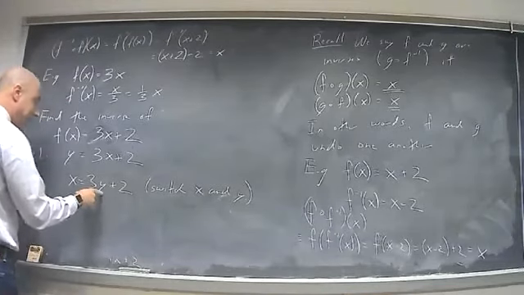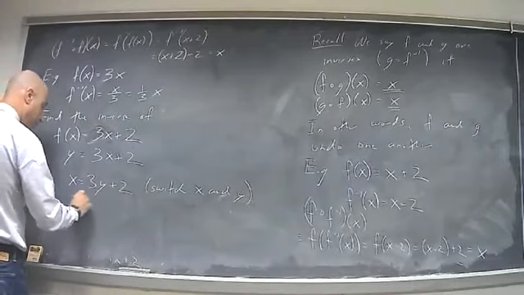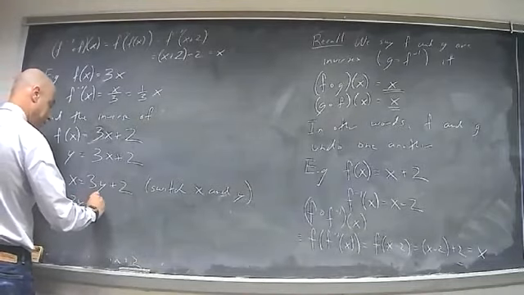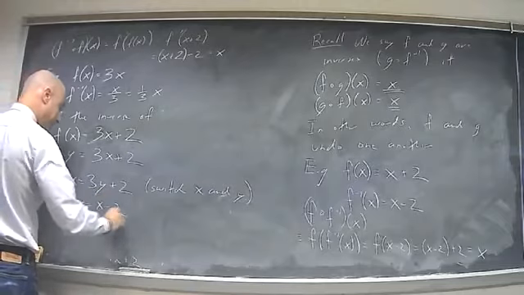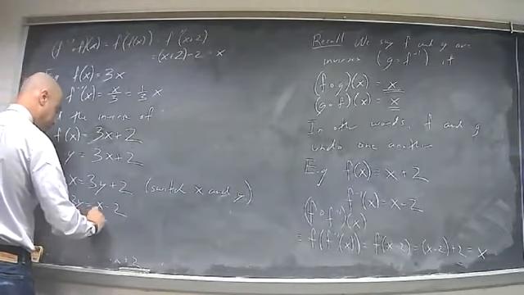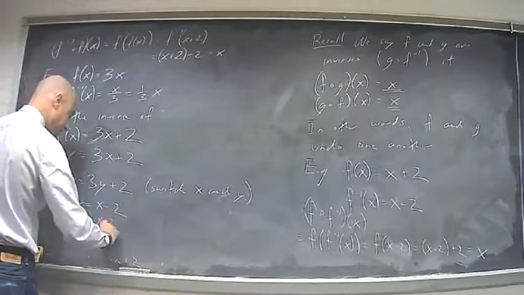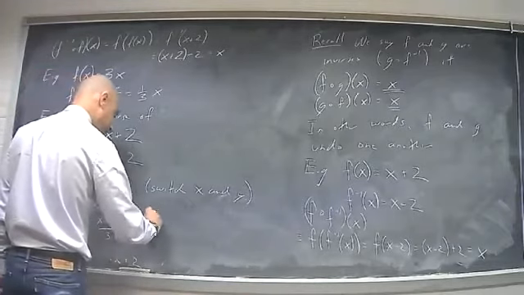Let's get y all by itself. So 3y equals x minus 2. Y equals x minus 2 divided by 3. So step 3 is solve for y.